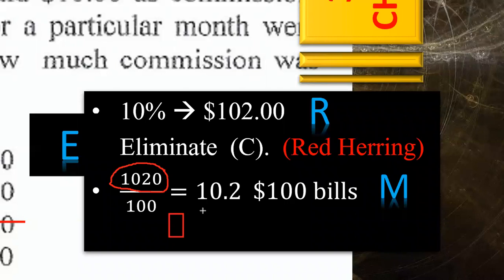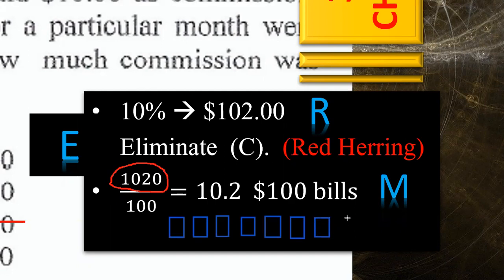This is one $100 bill. Let's say in Trinidad, $100 bills are like this. This is 1, 2, 3, 4, 5, 6, 7, 8, 9, and 10. These are 10 $100 bills, and the other bill is not a full $100 bill. The other bill is like a $20, right?